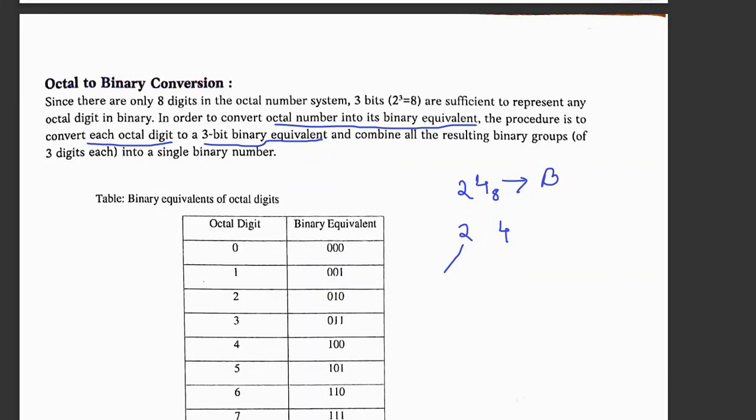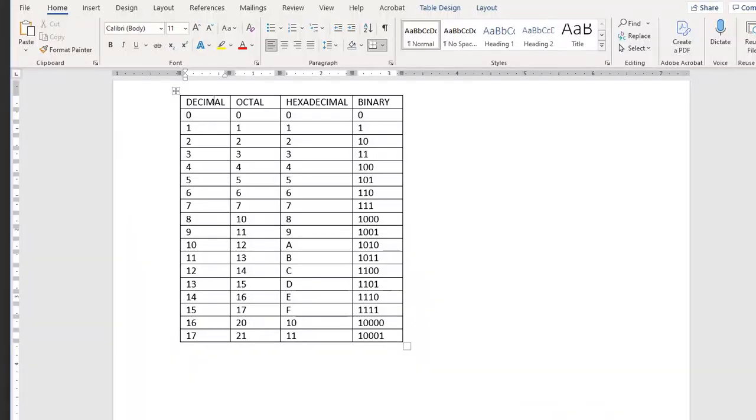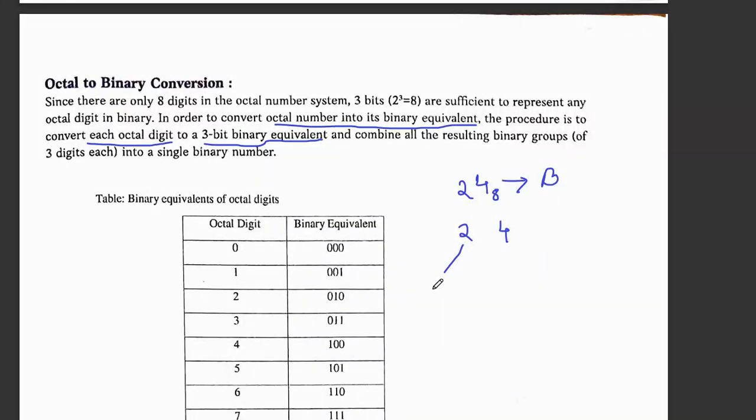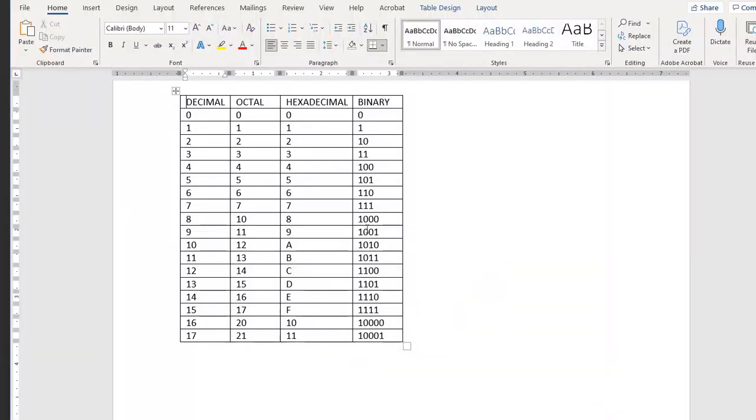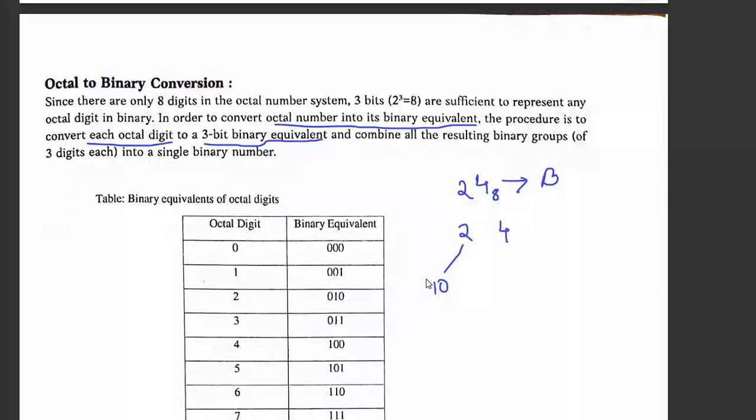So 2, for 2 means how much? 2 in octal number is binary how much? 10. So it will be 10. 4 means how much? 4 means 100.